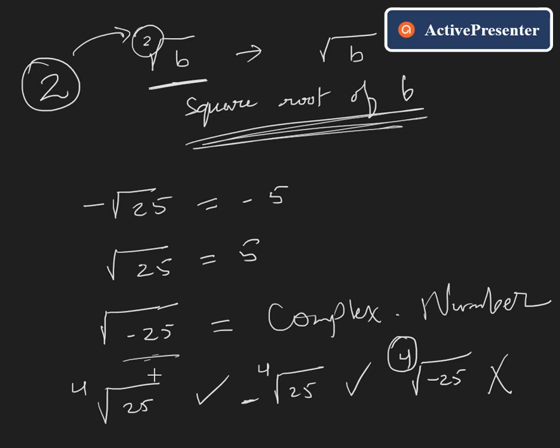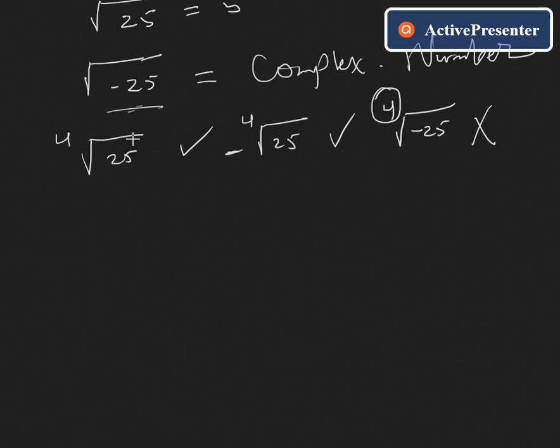In cases where we have a positive odd index, for 25 or minus 25, any positive odd, I just picked 3, okay?